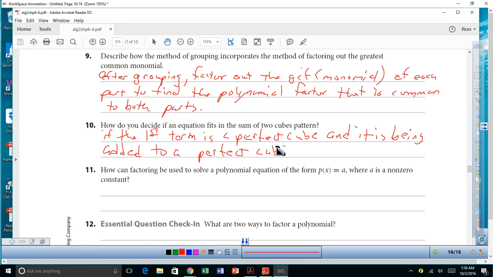Well, if the first term is a perfect cube and it is being added to a perfect cube, then it fits that pattern.